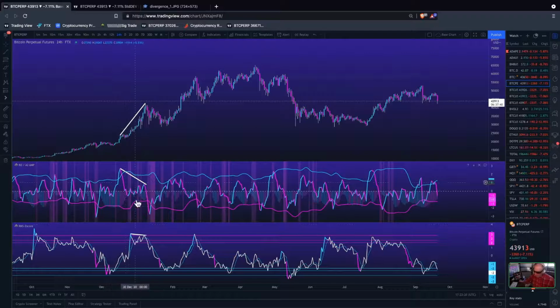Didn't start building till a little after the next data set right there. This is what I look for too. When there's not divergence showing on the Z-score, once it does print, you pretty much know when they're both lining up and you get this lower high here, this lower high here, that we're getting ready to get a nice pullback.